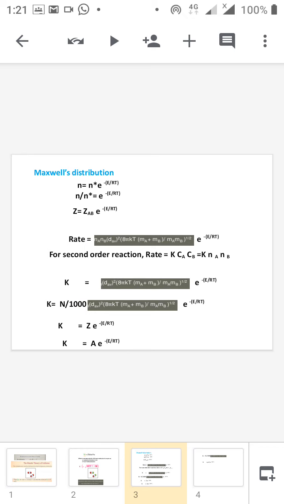So K is equal to, we can equate NA NB to ZAB into e to the power minus Ea by RT. That means the above equation.